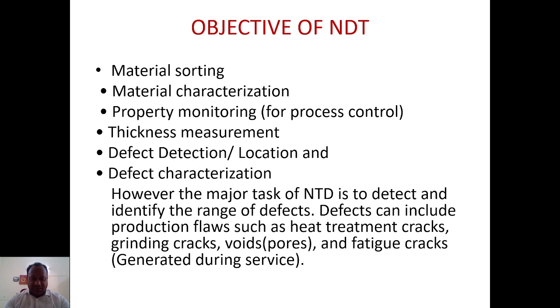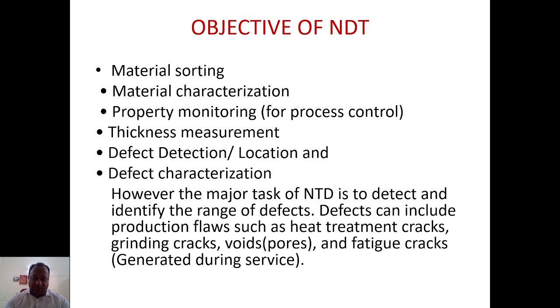So defect characterization: we can identify the range of defects. This is a very important point. What is the range? Whether the defect is suitable for rework or reuse, or whether it is going to be scrap.